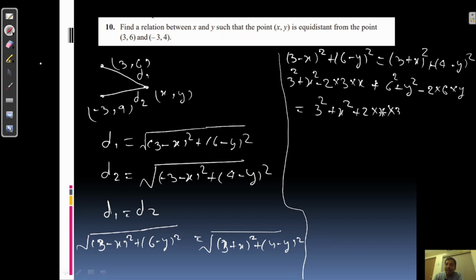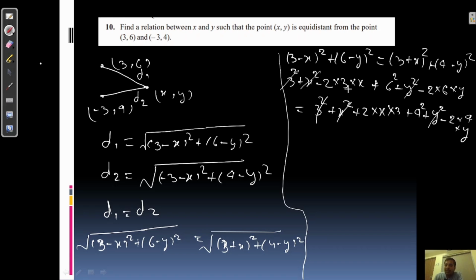Okay, I have written a as x, b as 3, no problem, plus a square plus b square, actually (4 minus y) whole square, no, minus 2ab. Now look, 3 square is here on the left hand side of equal and 3 square on the right hand side of equal. If I send 3 square to the other side, it will go with a minus sign and cancel, so I am cancelling it. Similarly x square, similarly y square.